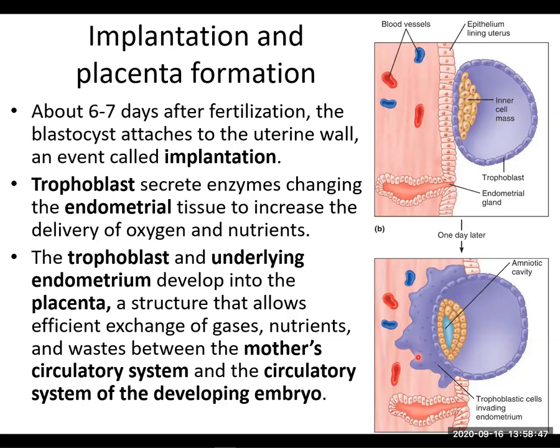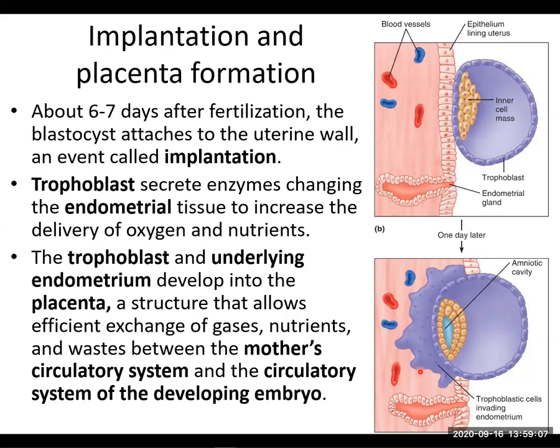This layer is called the endometrial tissue. It starts to provide more blood vessels to provide oxygen and nutrients. And then eventually this will become the placenta.